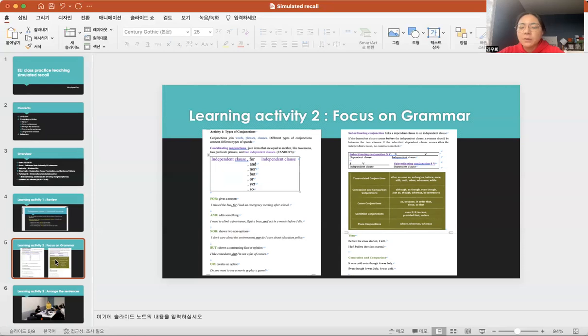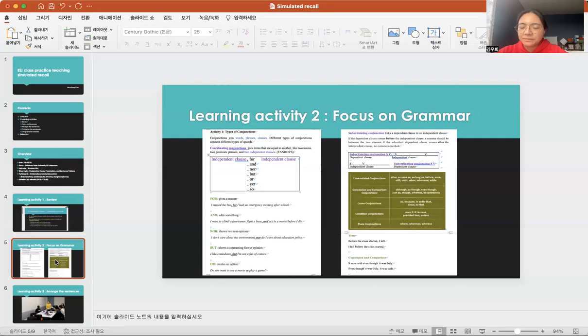I focused on two different sentence structures. The first one starts with a dependent clause and uses a comma. The other one starts with an independent clause without using a comma. It was complicated for students to know the difference between the first and second sentence structures, so I gave them example sentences for the two types.